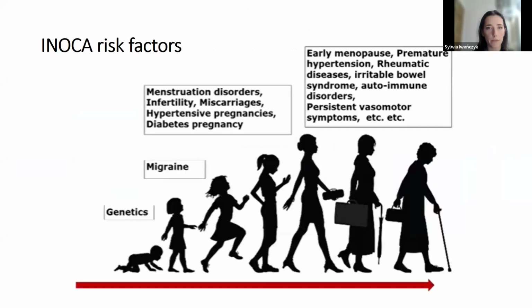So there are a lot of different factors which are speculated. Most of them, or some of them, are associated with female gender, like menstruation disorders, infertility, etc. So we observe generally that INOCA is diagnosed significantly more often in female groups.